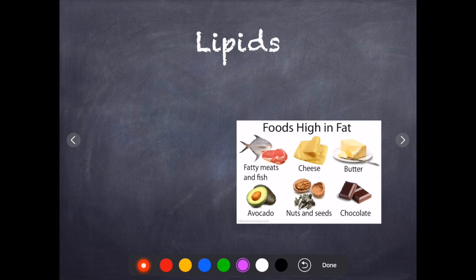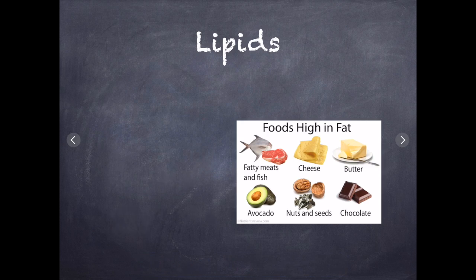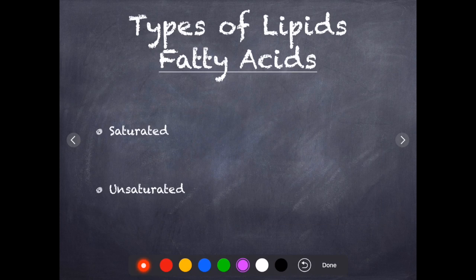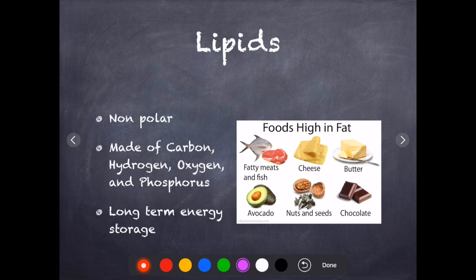Now, lipids, there's 5 different lipids that we want to look at, and lipids are fats. Our lipids are nonpolar. Why this is important is that means they're not able to dissolve in water.